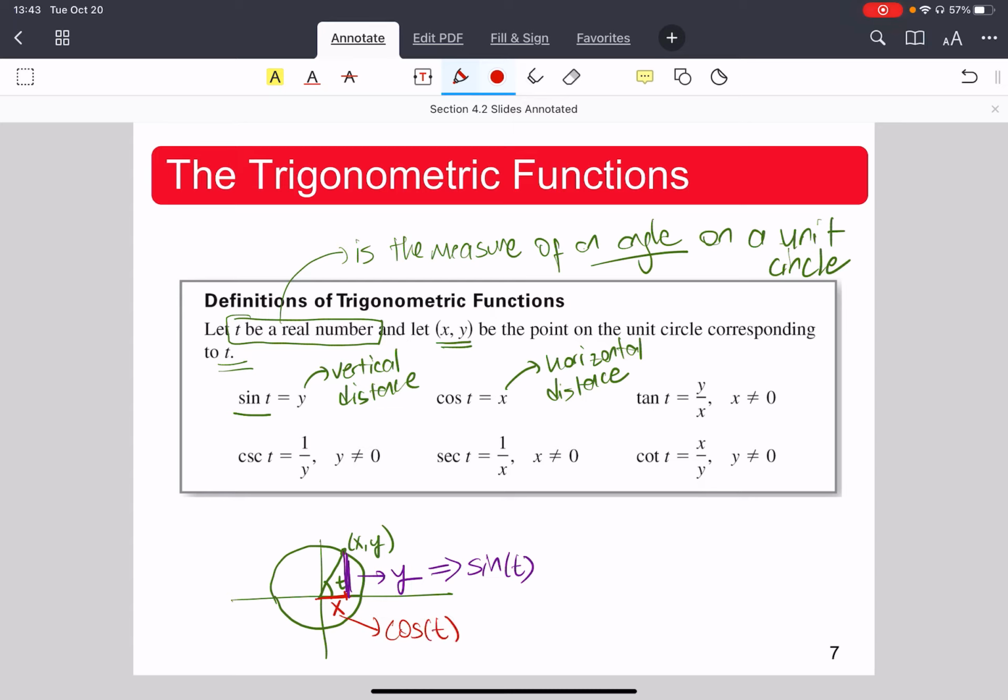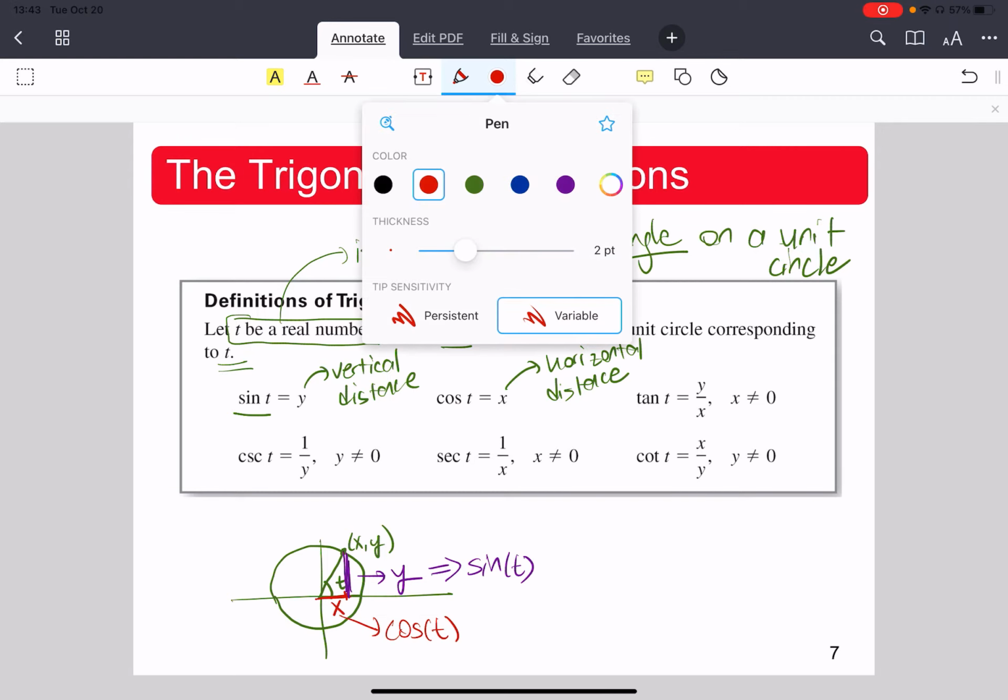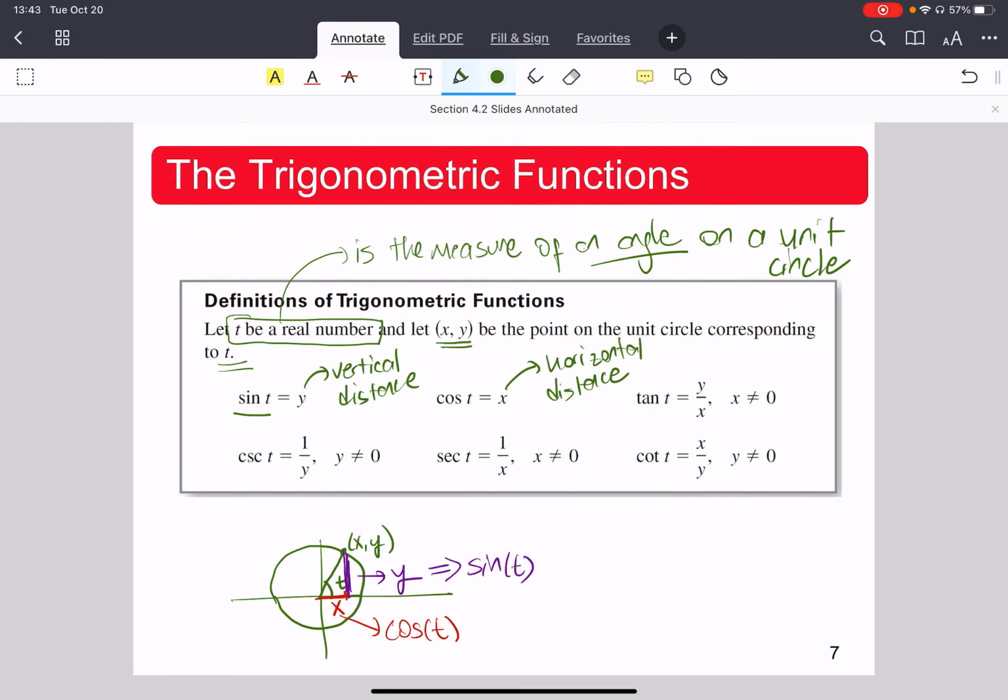Based on this information, we define tangent, which is always y over x, the ratio of vertical distance to horizontal distance. Cosecant is defined by 1 over y, so 1 over the vertical distance. And secant of t is defined by 1 over x, which is 1 over the horizontal distance.